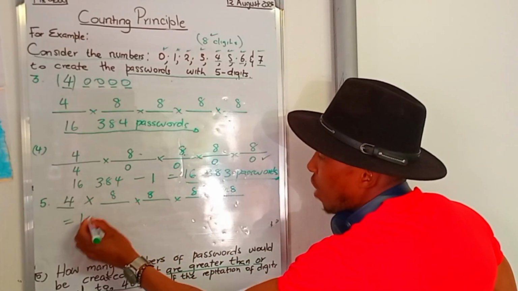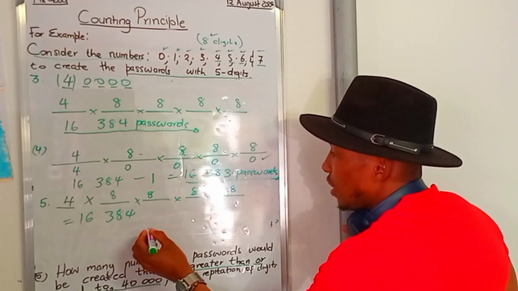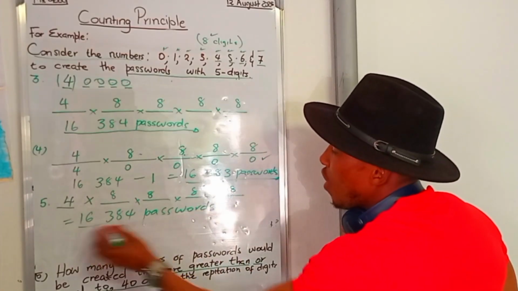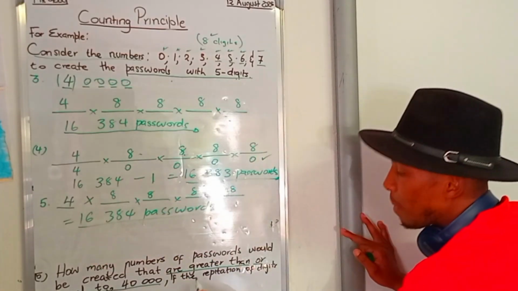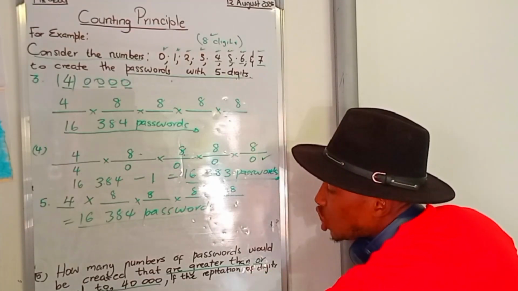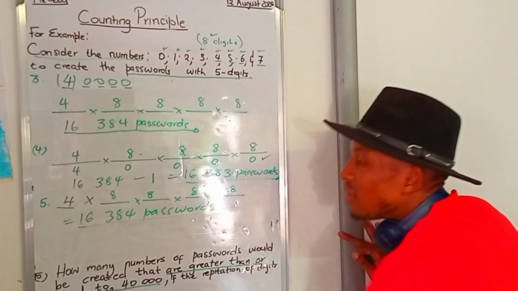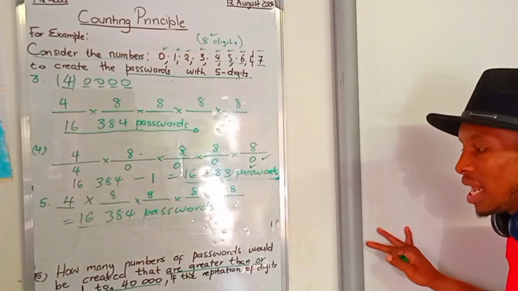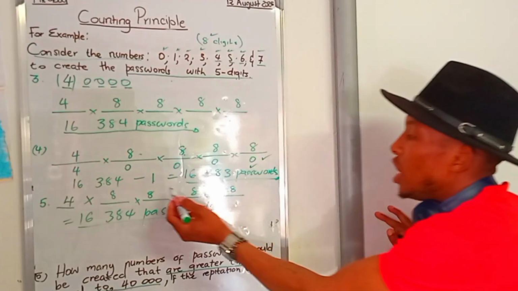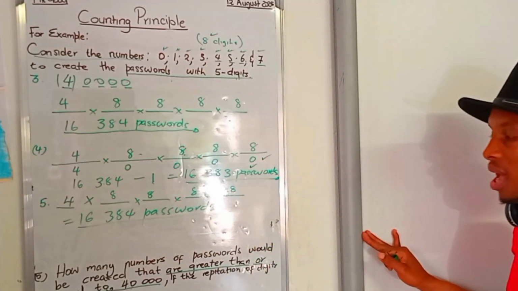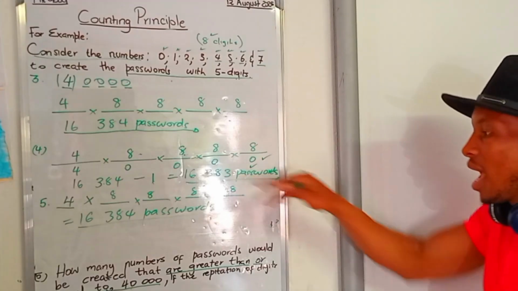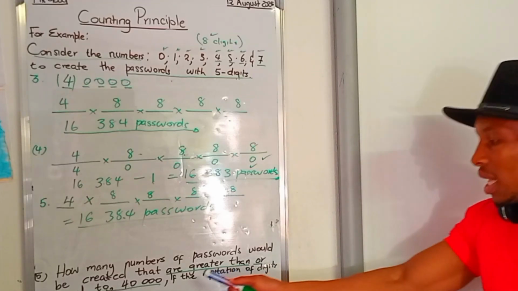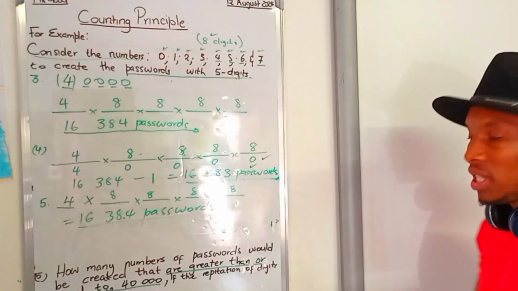Therefore, the answer is 16,384 passwords. Here 40,000 is included, because now it's greater than or equal to. Before, it was just greater than, not greater than or equal, so we needed to minus one code. Here the answer is 16,384.